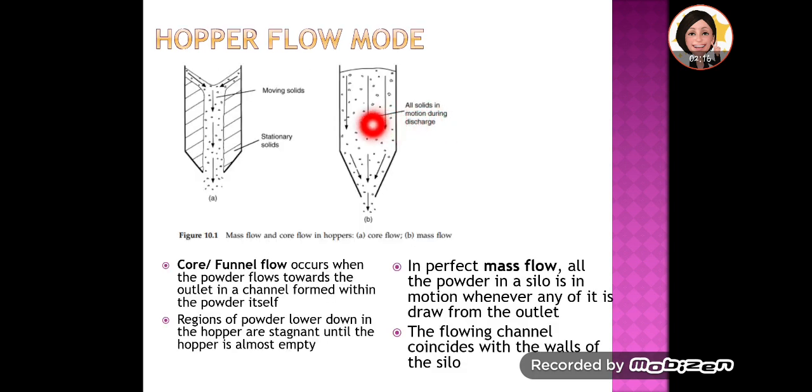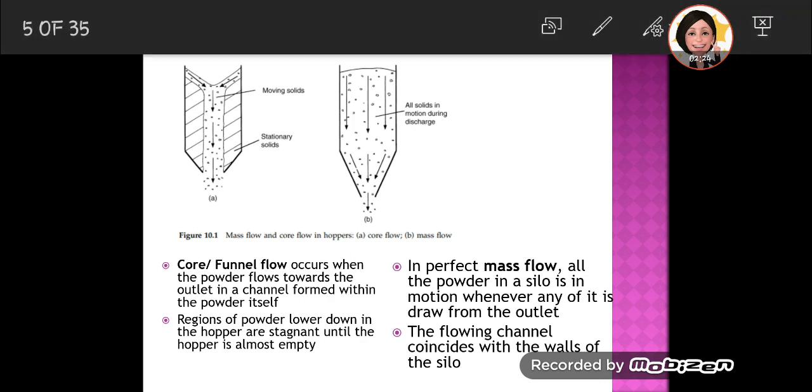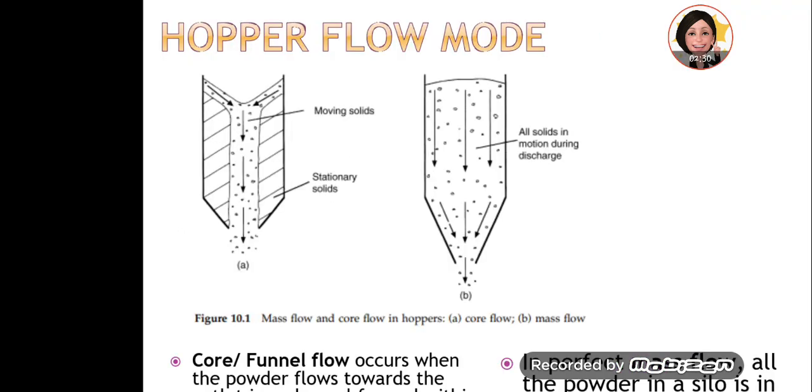So this is a diagram of core flow or funnel flow and mass flow. In core flow, the solids at the top will start moving first once the discharge orifice is opened. So the sides will remain stationary.